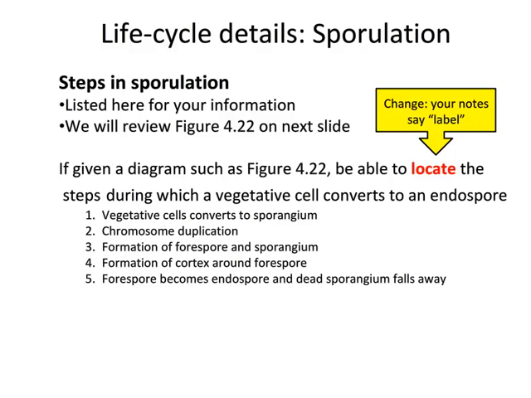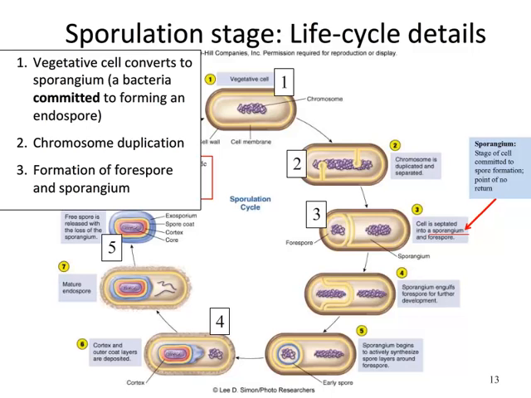Now below you see steps 1 through 5, which are a summary of the steps that occur during the sporulation process when a vegetative cell becomes an endospore. We're going to look at those steps in detail in the next few slides. Before looking at the text, let's take a look at the diagram.